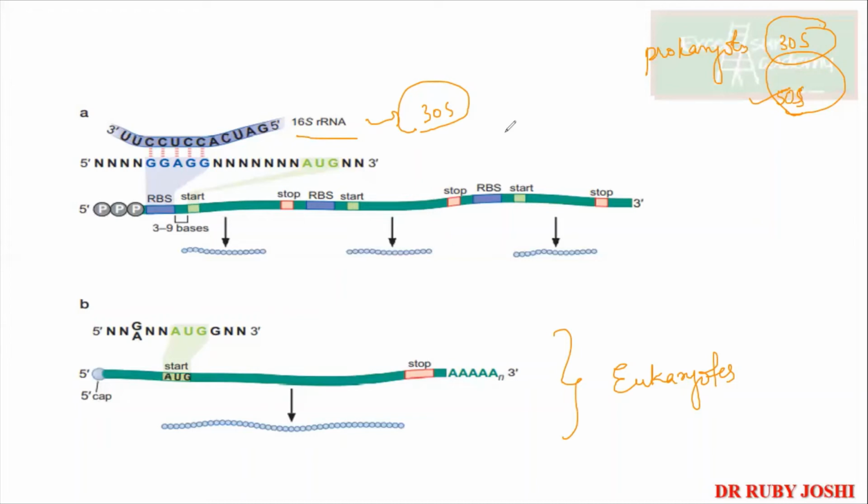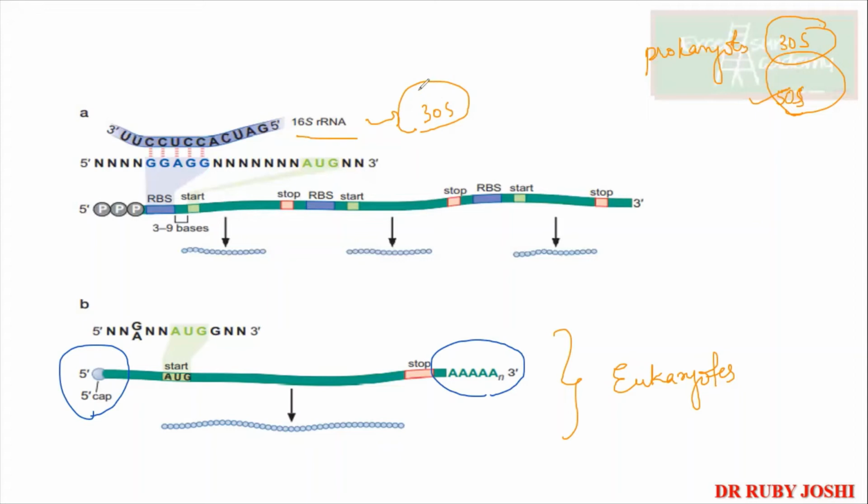I have just told you that eukaryotes have only one cistron, but there is something else which is not present in prokaryotes. The 5' cap and the poly A tail. Correct, absolutely correct. So 5' cap and the poly A tail. This is only present in the case of eukaryotes. Okay. So from this you should be able to understand that the one below is about eukaryotic mRNA.